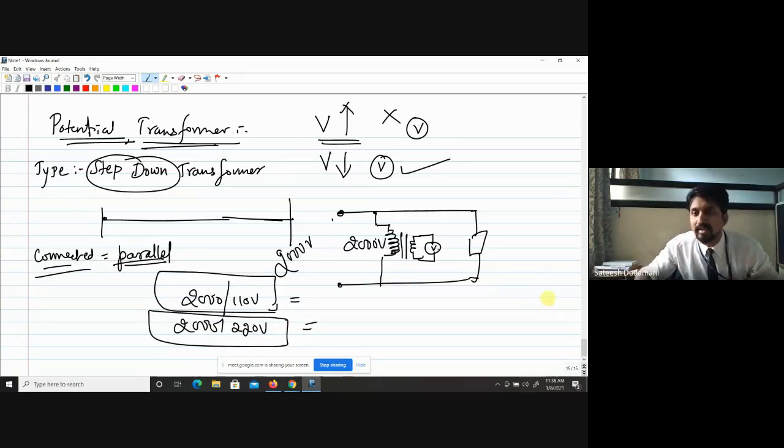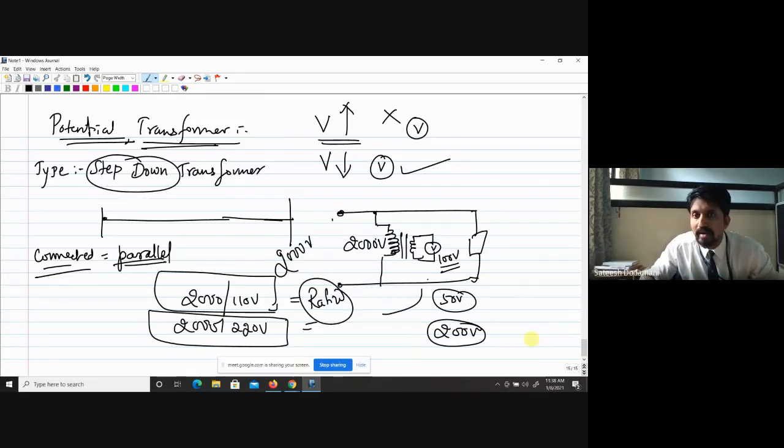Now based on that, which type of voltmeter or what rating you are using, a 100 volt voltmeter, or a 50 volt voltmeter, or a 200 volt voltmeter, based on that, whatever ratio you get should be multiplied with the scale reading it is showing, then you will get the actual voltage appearing here. This is the work of the potential transformer.